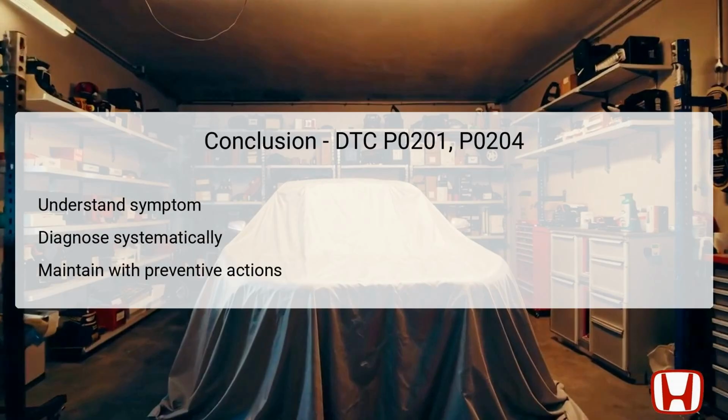Regular vehicle maintenance, including wiring inspections and connection checks, plays a pivotal role in preventing such errors in the future. By being diligent and proactive, vehicle owners can not only resolve existing DTCs, but also enhance the long-term reliability of their Honda CRVs. Restoration of confidence in vehicle performance is key to enjoyable and hassle-free driving.